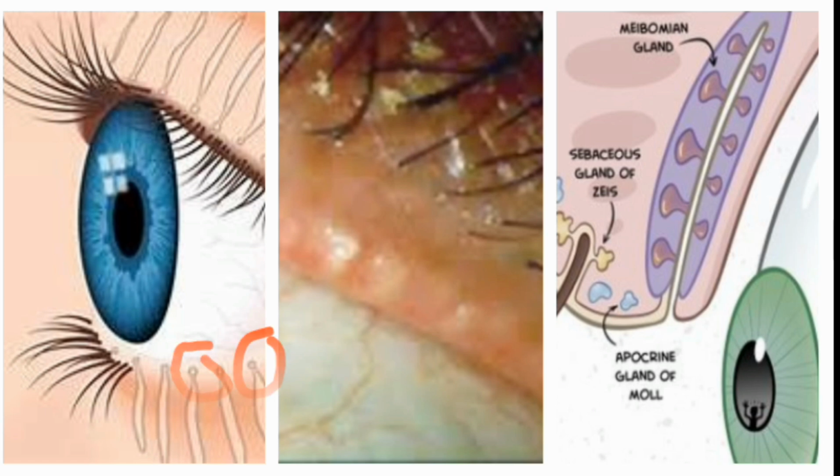You can see these small dots, the small openings of the central canal, when you evert your eyelid, or just pull your lower eyelid down and place a torch, or stand in front of a mirror, or look at a friend's eye and pull the lower eyelid down.